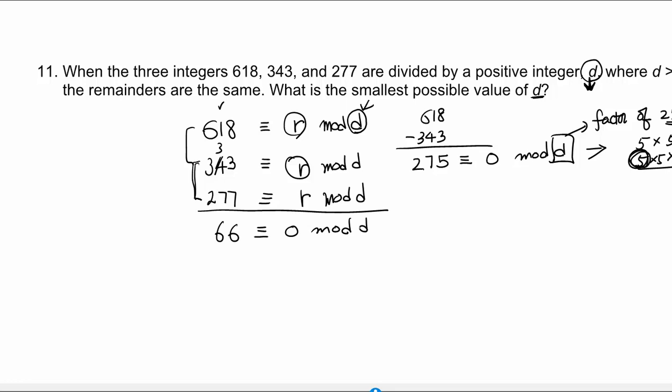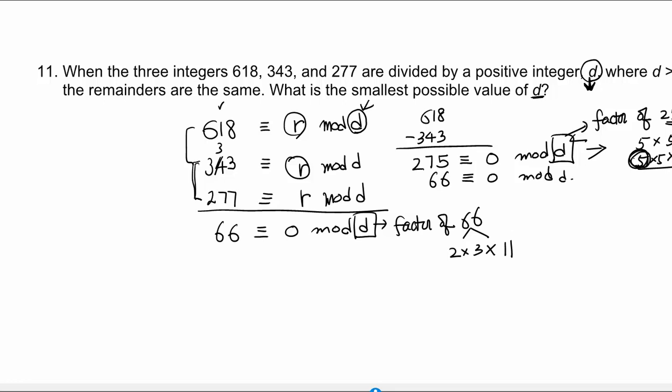That's it. So this should be what? A factor of 66. What is 66? 2 times 3 times 11. Is it okay? So we got two pieces of information: 275 and 66 are 0 mod d. Is it okay? So what is the value of d?